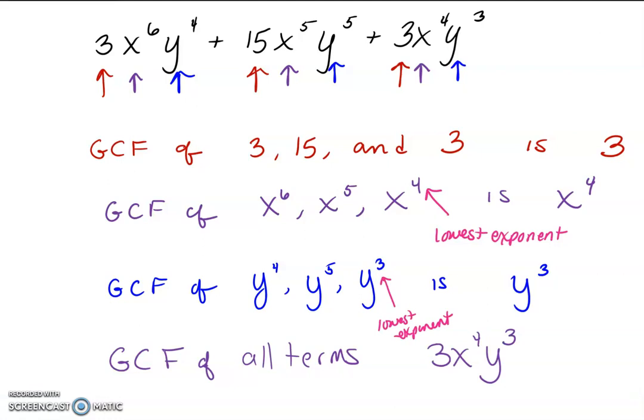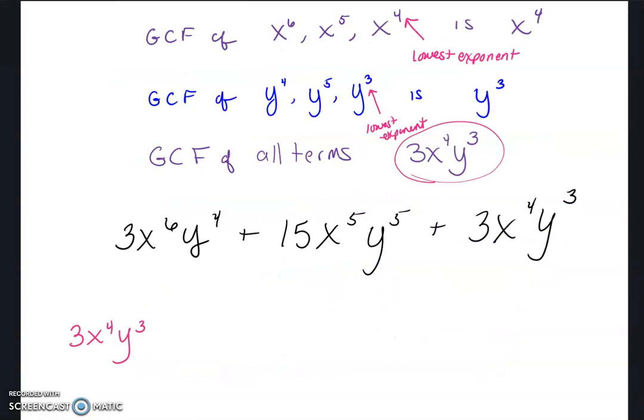Got that. Now we have to multiply that by what would be remaining if I were to factor that out. So in essence, I have to divide that. So I'm going to rewrite that and show you how to list that out so you can keep track of it easier. Okay, so I just rewrote the original problem here, 3x to the 6th, y to the 4th, plus 15x to the 5th, y to the 5th, plus 3x to the 4th, y cubed.